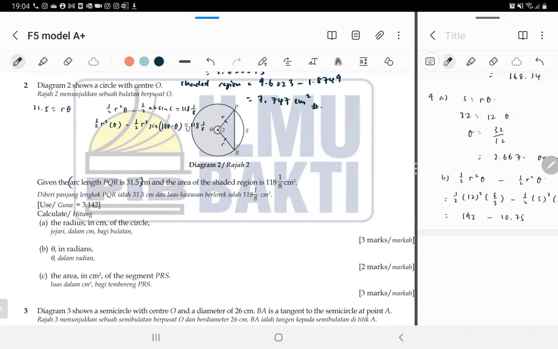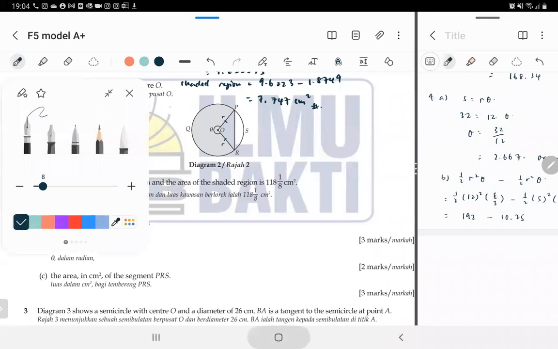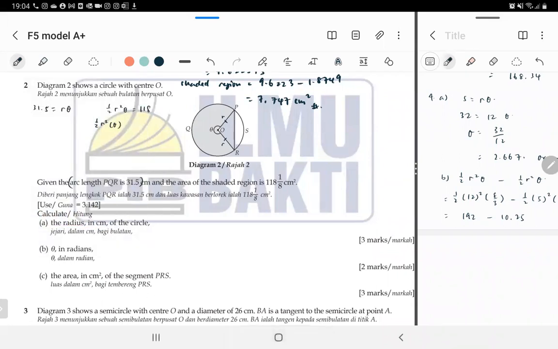Area of sector POR. Oh yeah, POR is the area of the sector already, why do I minus it? No need to minus, hold on. Okay, 1/2 r squared theta equals 118 1/8, the area of the shaded region. Yeah, correct.